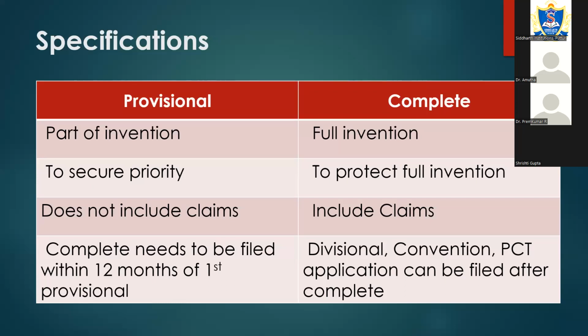You are trying to claim it in two parts. First you are drafting for a nib, and second you are drafting for an ink. So the first provisional is for the nib and the second provisional is for the ink. In the complete you can just leave it out and only provide the claims.